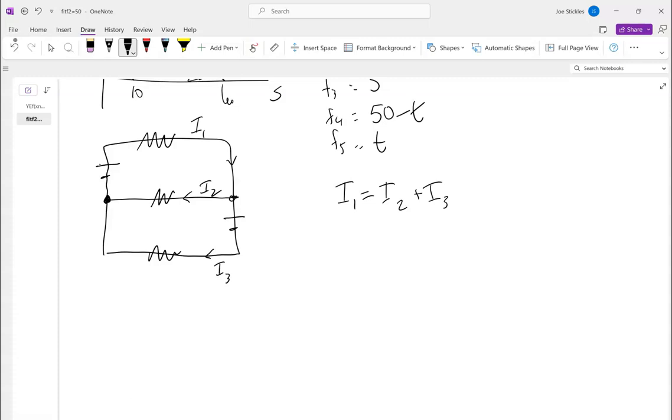So in this particular problem, they wrote down that this is a 6 ohm resistor. This is a 4 ohm resistor. And this is a 2 ohm resistor. This is a 20 volt battery. And this is a 10 volt battery.